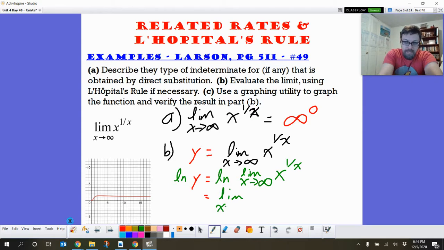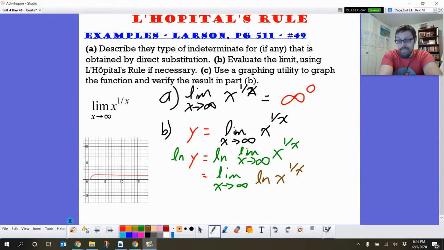So we want the limit as x approaches infinity of the ln of x to the 1 over x. Because if we're taking the ln of a limit, that's the same thing as taking the limit of the ln. I hope that makes sense.